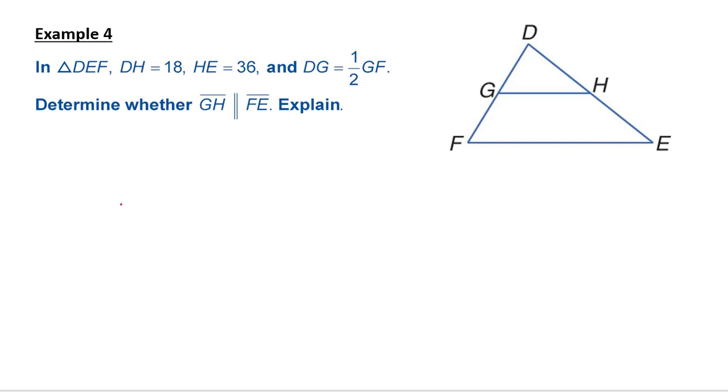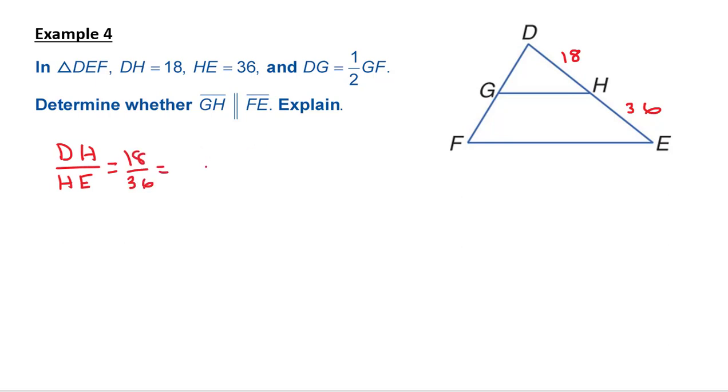So next example, in triangle DEF, DH is 18, HE is 36, DG is half of GF. So let's look at that. DH over HE is 18 over 36.